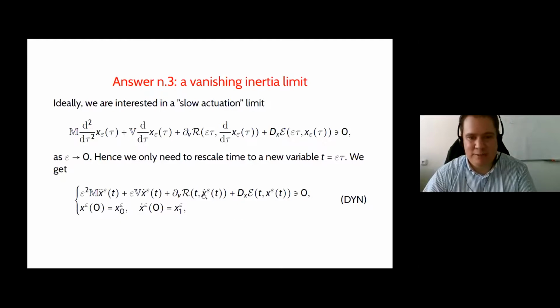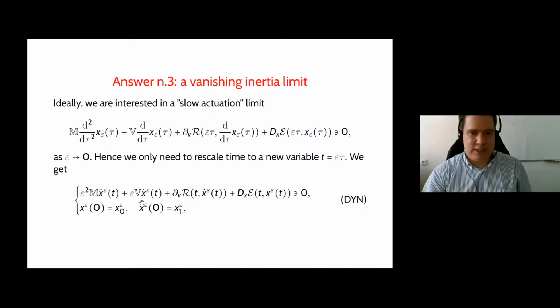So if you put an epsilon here, you get exactly the same term. So again, we rescale and we can simply cancel out the epsilon, leaving the derivative. And this is why dry friction is very different from viscous friction when managing inertia. So this is our dynamic problem.